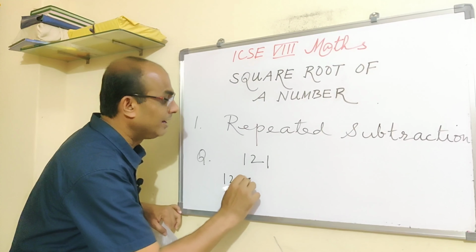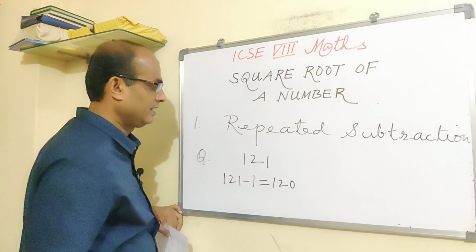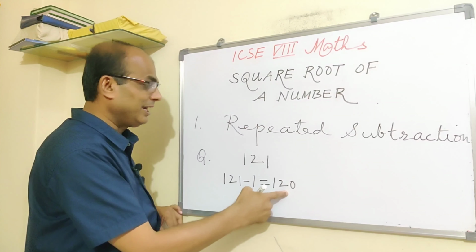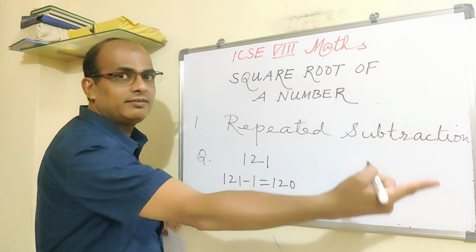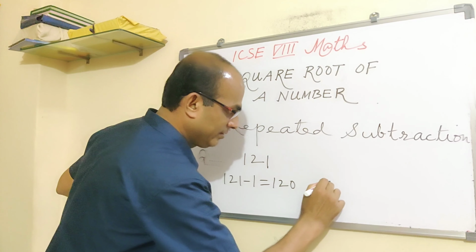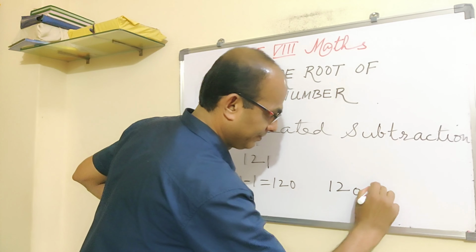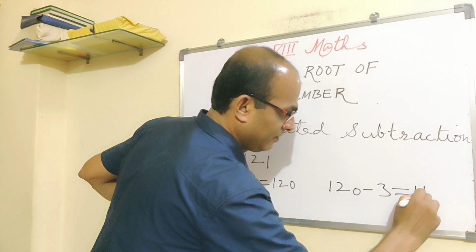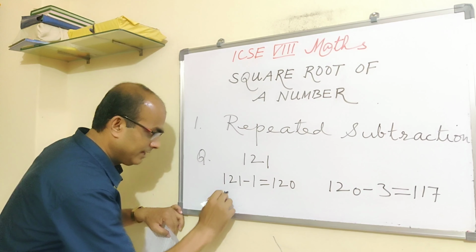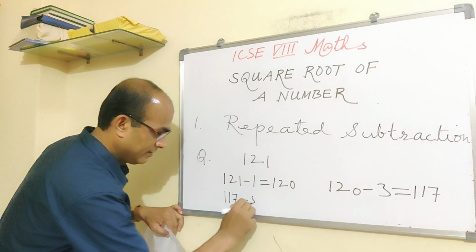121 minus 1 is equal to 120. See, it's very easy, understand. Now from 120 you will subtract 3. 1, 3, 5, 7, all these odd numbers. So from 120 we are subtracting 3. So we get 117. Now from 117 we subtract 5.